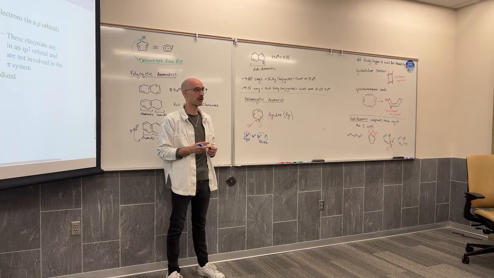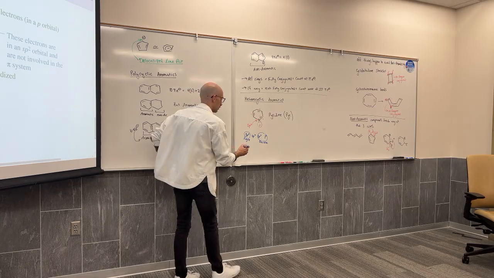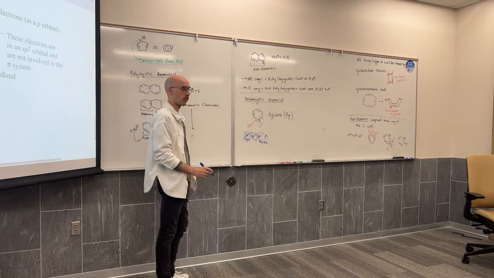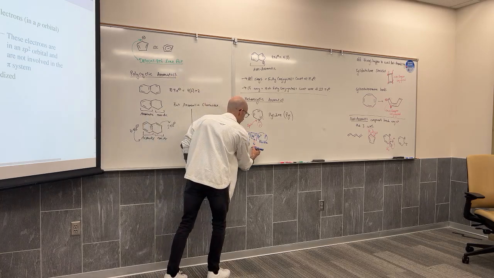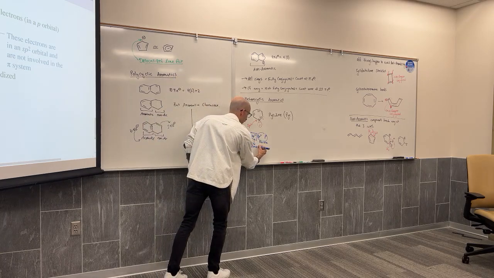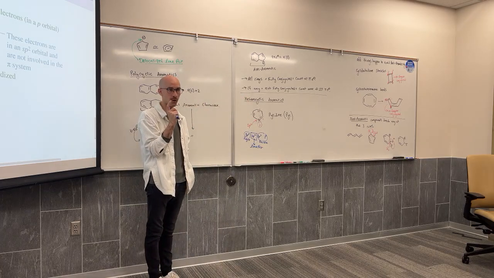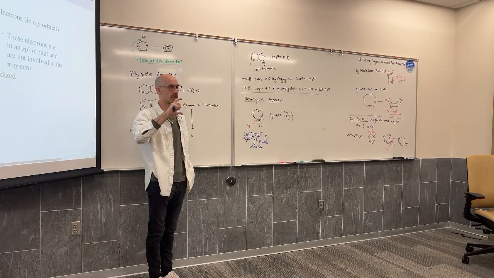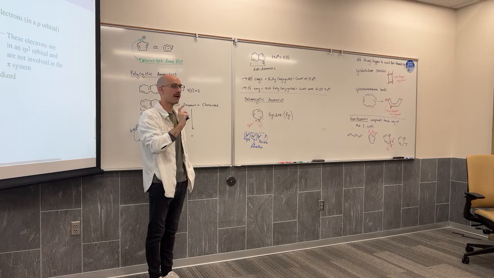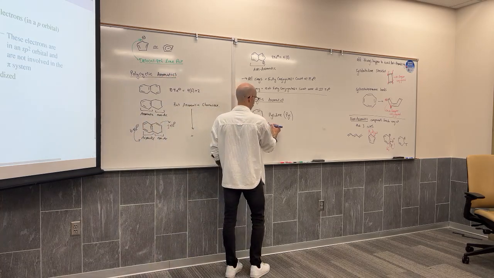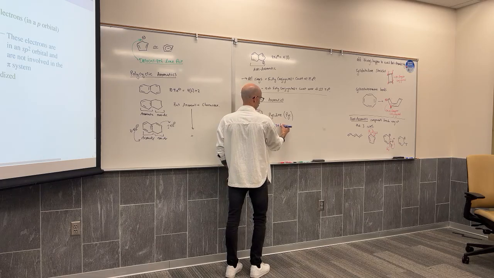What does that leave for the lone pair? It leaves this sp2 orbital. This is the lone pair. And that lone pair, by not being in a p orbital, is not involved in aromaticity. That lone pair is localized to nitrogen.